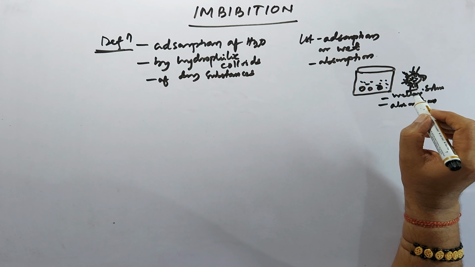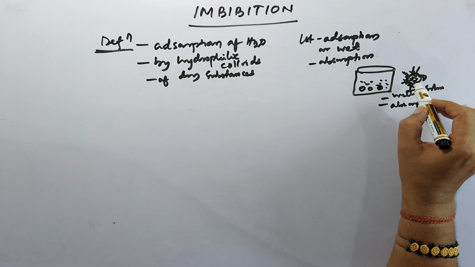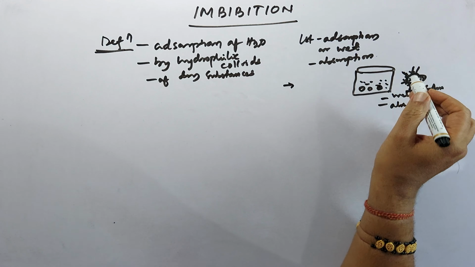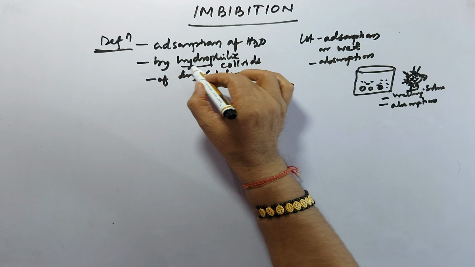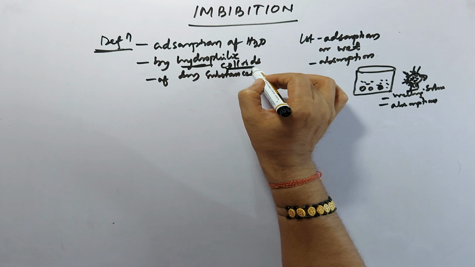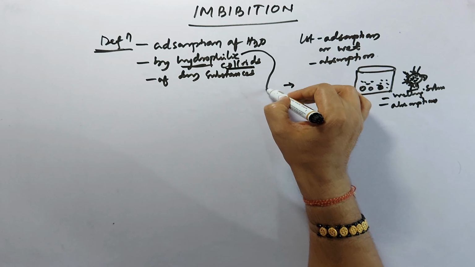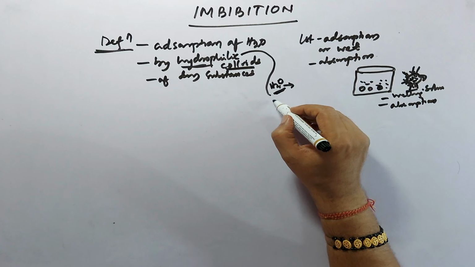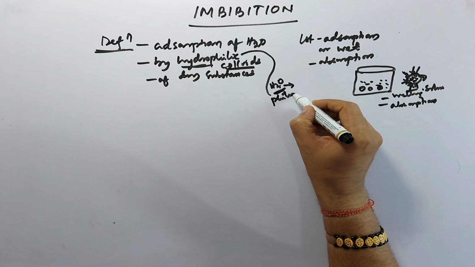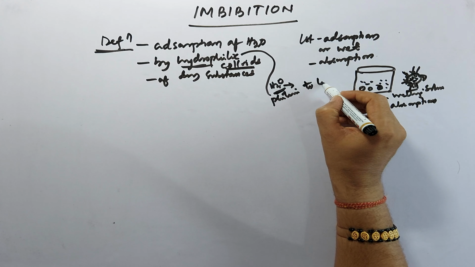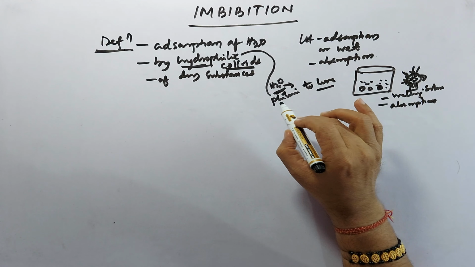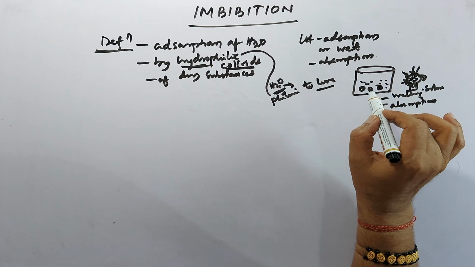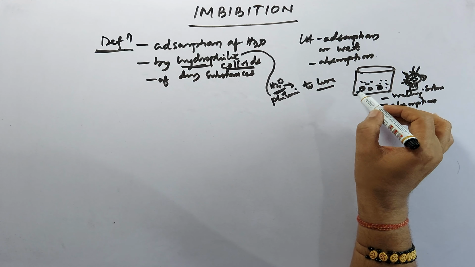Then the question arises, why is the water entering? The best answer is that hydrophilic colloidal substances are there. Hydro means water and philen means to love, so these are water-loving substances, which may be living or non-living.